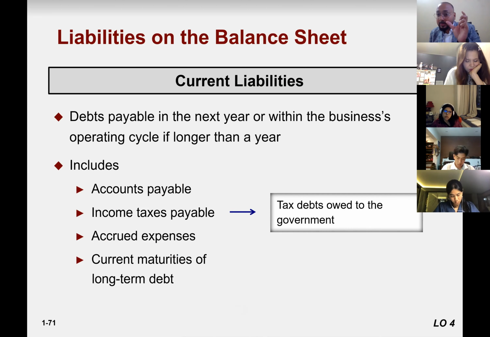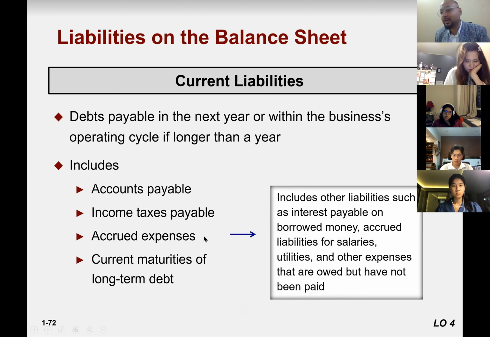So during this 3 months period, that money belongs to the government. So that is payable, outsider's claim. If you prepay in advance the next 3 months taxes, then that is your asset. Prepaid is your asset, right, guys? So that is just a small trick here.